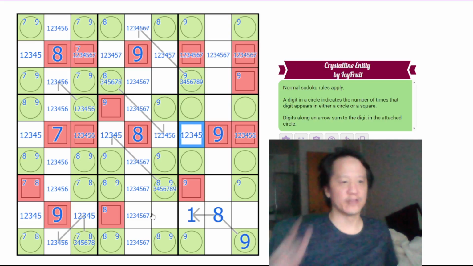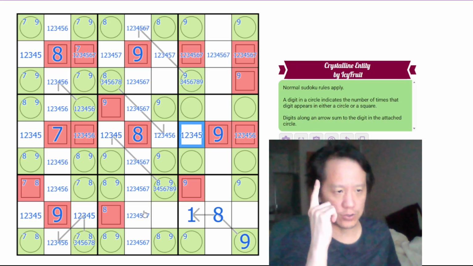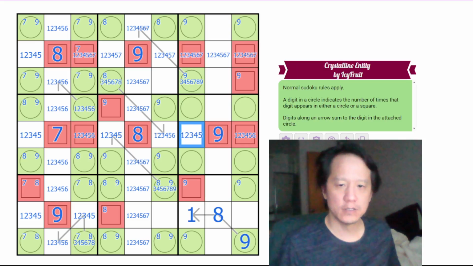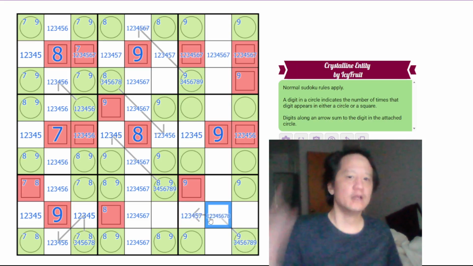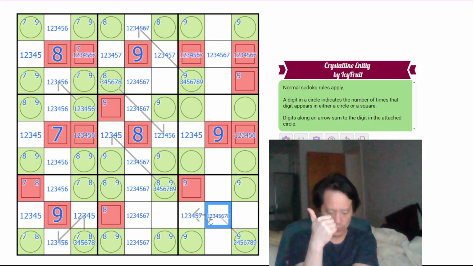Okay, another thing I thought of. If you have a single digit that's outside, it would have had to have been 8.